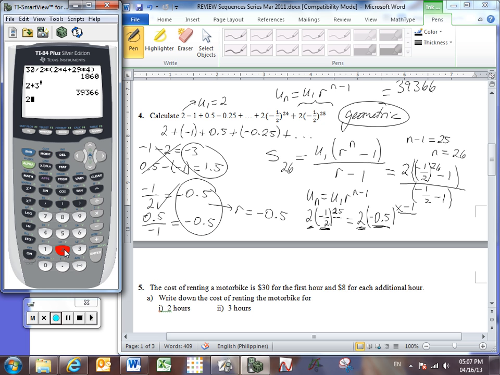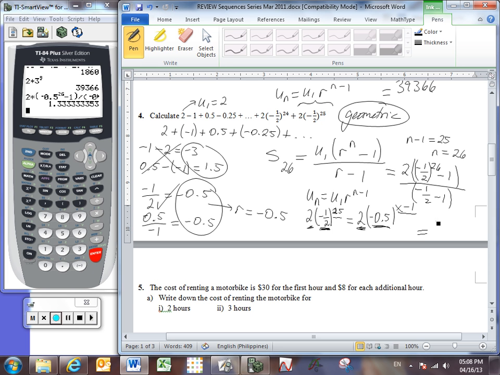So we got then 2 times, open brackets, negative 0.5 raised to the power of 26, and then I'm subtracting 1, close the brackets, and let's divide by the entire denominator of negative 0.5 minus 1. Hit enter, and it tells us the answer is 1.33333333, which you can just round to 1.33, at least, right? But no less than 3 significant figures.